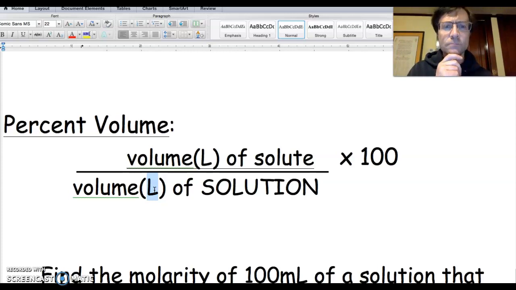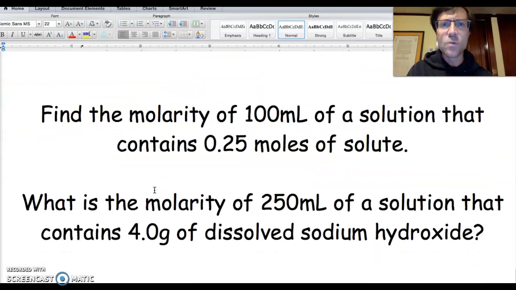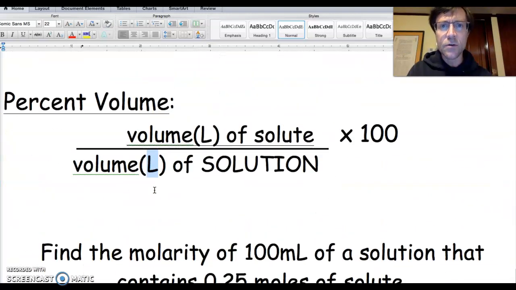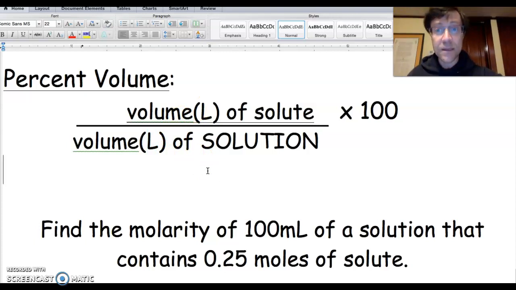Okay, so what I think I might do, we've got all these wonderful sample problems I'm going to walk you through. It's really not difficult. What's difficult is just knowing what to put where. You'll see it's really basic algebra. I mean, look at this equation: x equals a over b times 100. That's really all it is. Like percent volume is x equals a over b times 100.